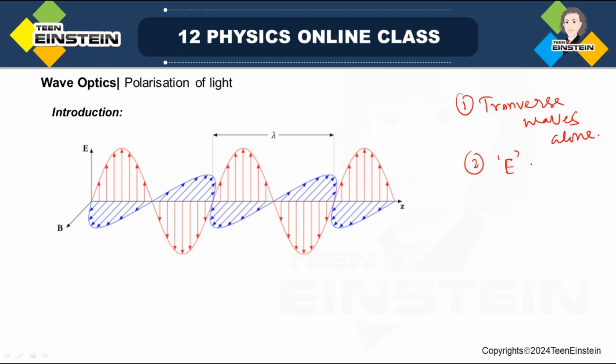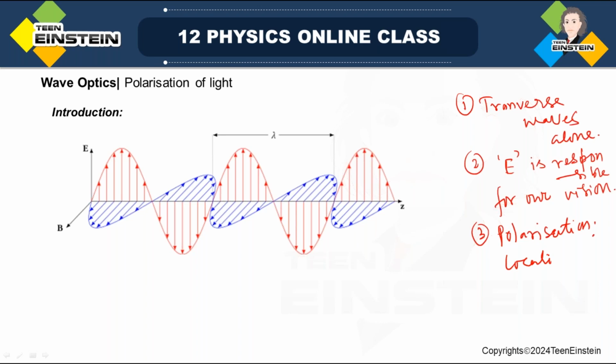We have seen that E is responsible for our vision, and that polarization means localization of the light wave, or the electric field vector, in a particular plane.